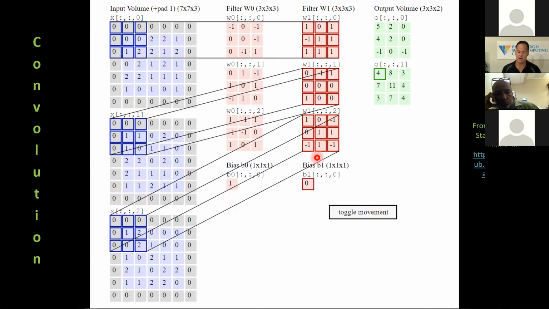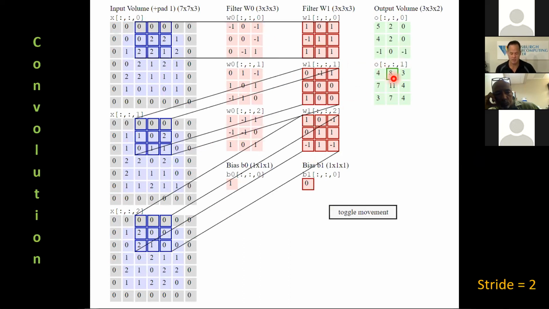Then we want to find out the next element in this output volume. We do the same thing, but we've shifted over the convolution. We've decided to shift the convolution to skip 2 at a time. So if I go backwards or forwards here, you can see this convolution happens to be skipping 2 at a time. That's one more hyperparameter that you get to pick in your application, the stride of the filter.